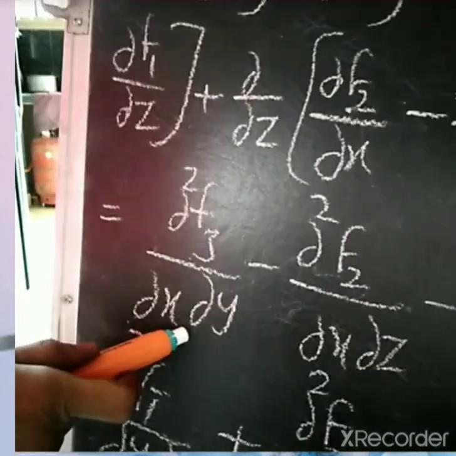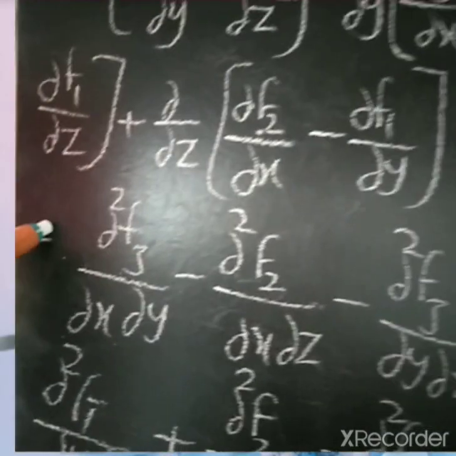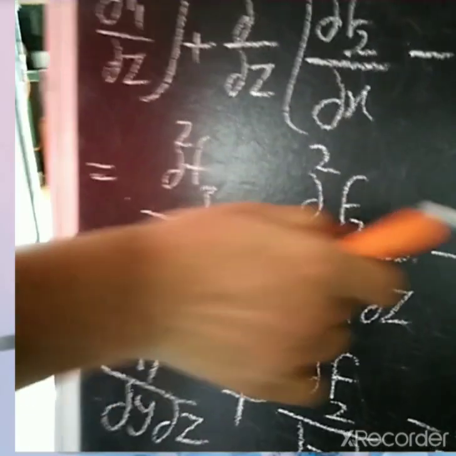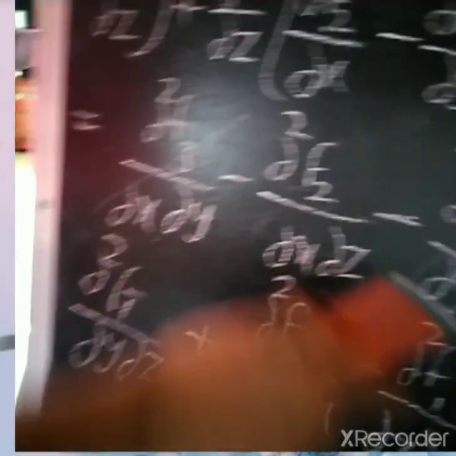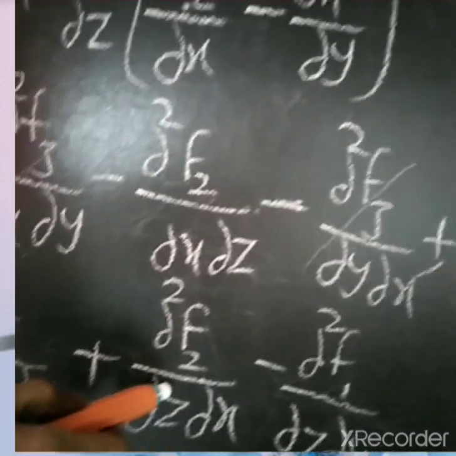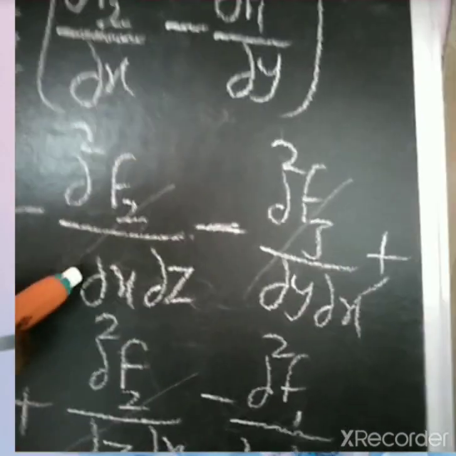So here dou square f3 by dou x dou y is positive, and dou square f3 by dou y dou x is negative, so these two values get cancelled. Dou square f2 by dou x dou z has a negative sign and here the sign is positive, so these two are cancelled.